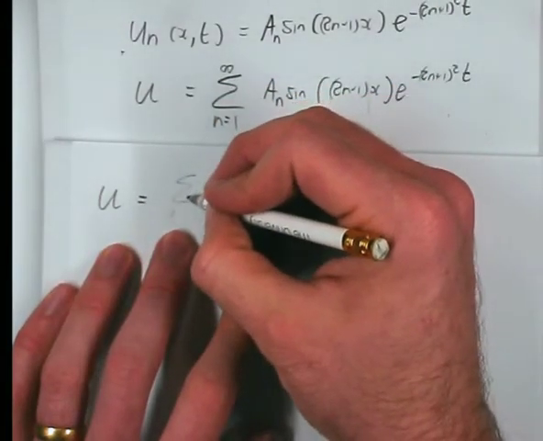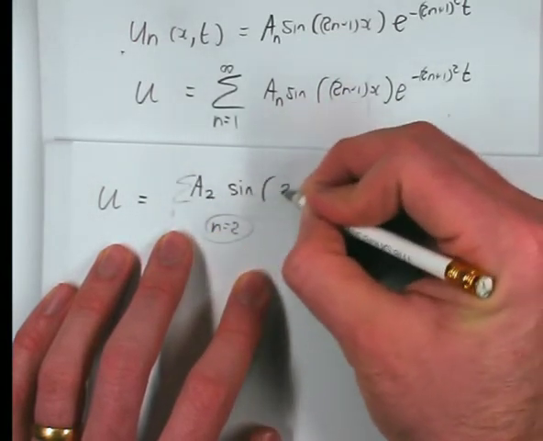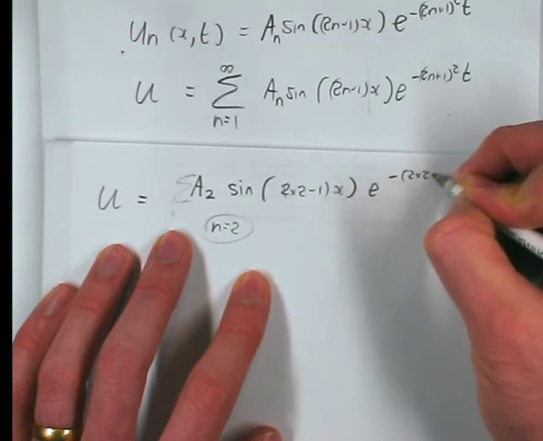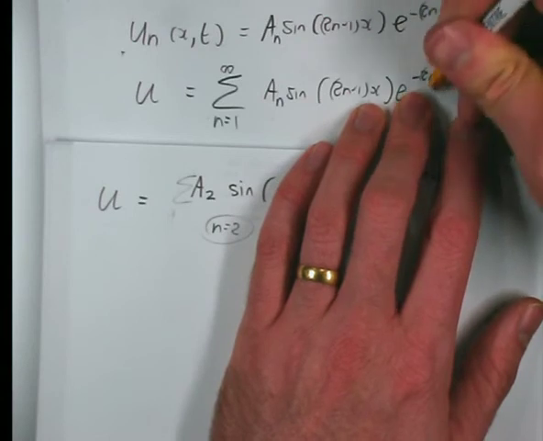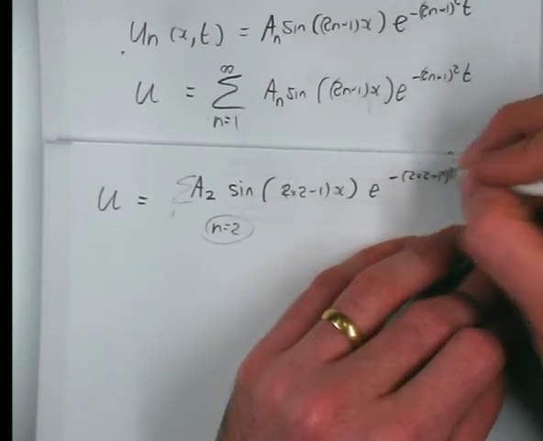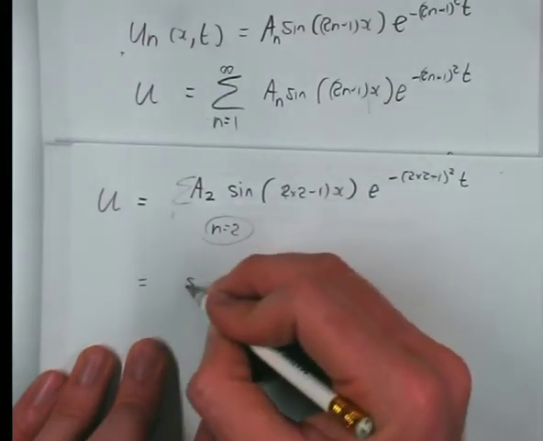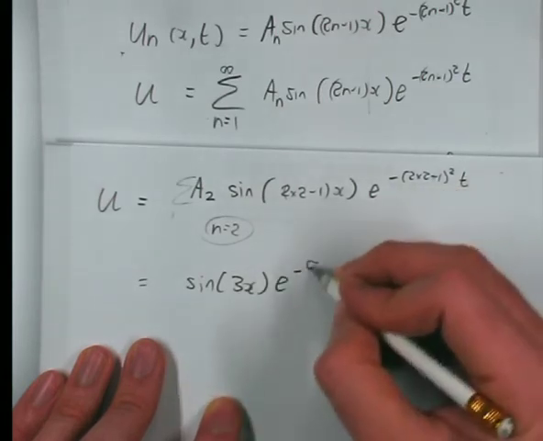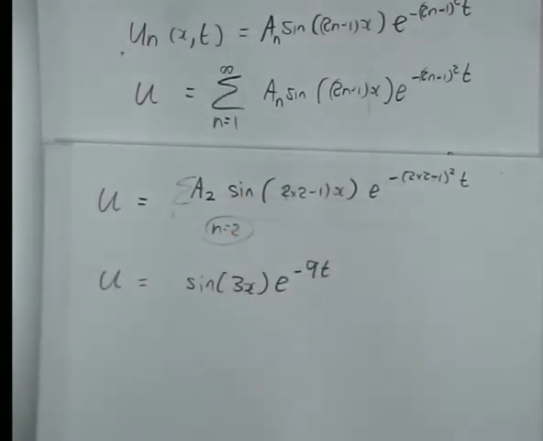We've got a2, which was 1, sine of 2 times 2 minus 1 x, e to the minus, it's a minus 1, sorry, 2 times 2 minus 1 squared t. That's the only one that's not 0. And a2 is 1, so it's sine 3x e to the minus 9t. And that is what u is. And now we have a solution.